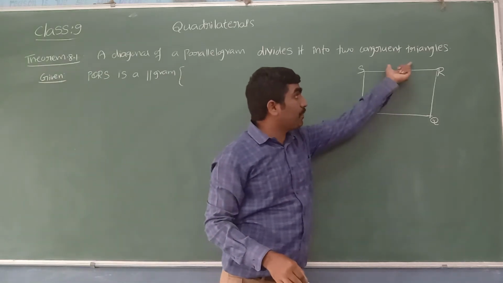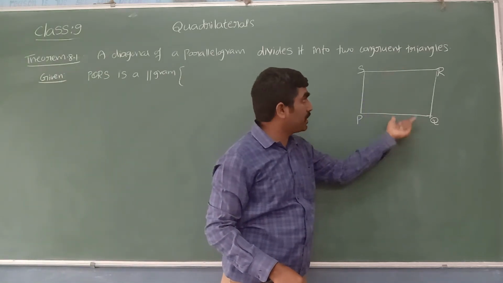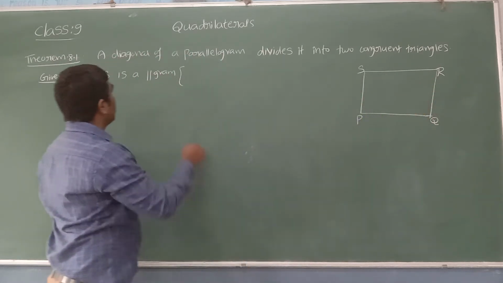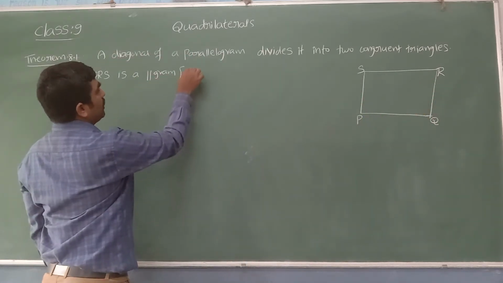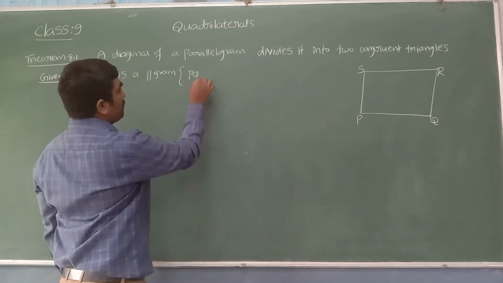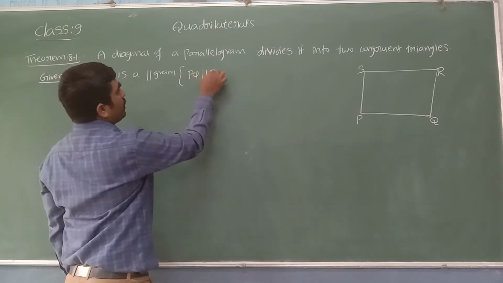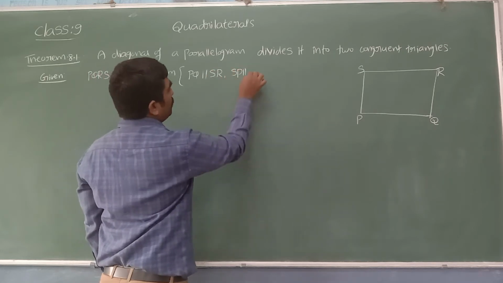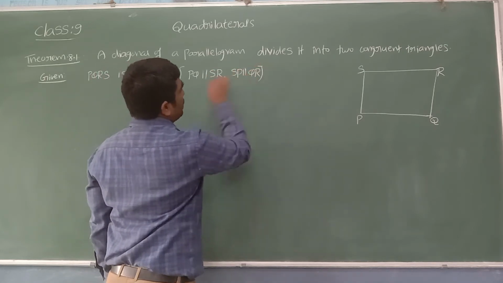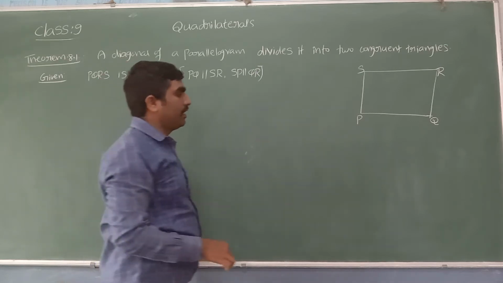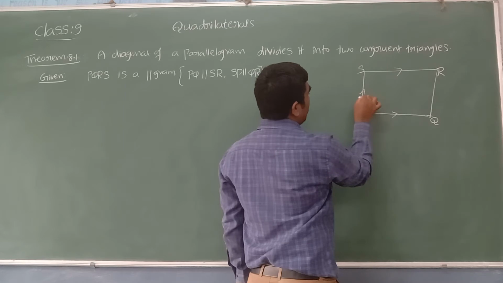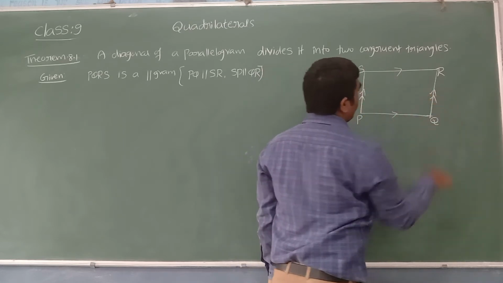Two pairs of opposite sides are parallel. PQ is parallel to SR, and SP is parallel to QR. So let us write the symbolic form: PQ parallel to SR and SP parallel to QR.